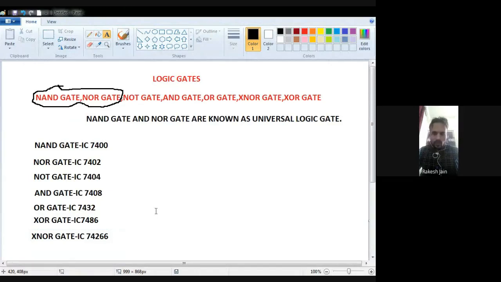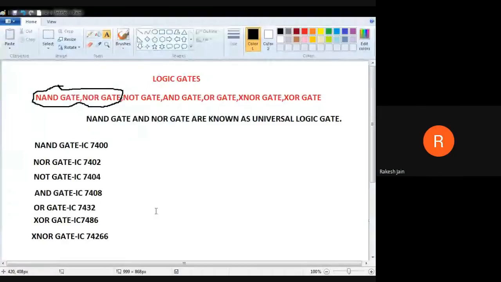So IC for NOR gate, NOT gate, AND gate, OR gate. Now what are the XNOR and XOR ICs? The XOR gate IC is 7486, and the IC 74266 is for your XNOR.